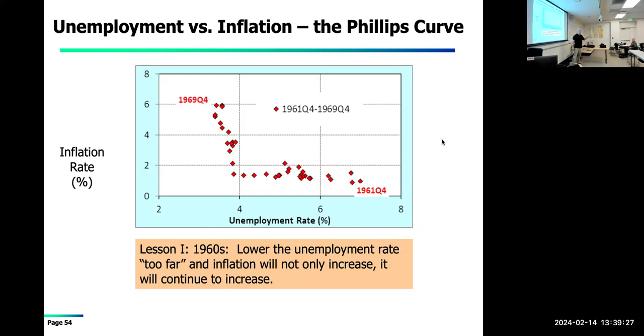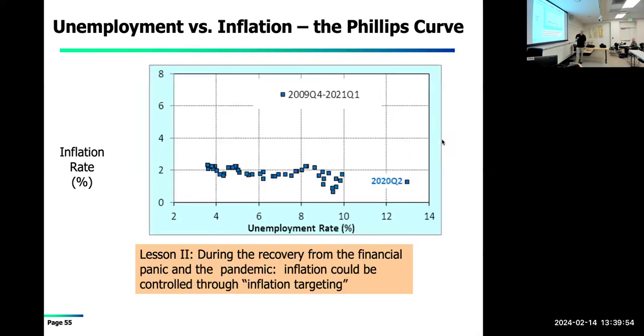The unemployment rate was quite low, and Johnson did not want the politics of raising taxes to pay for the war, despite all of his advisors saying you've got to. And inflation broke out, and it continued. We're not going to go into the whole history of inflation, but it led to what happened in the 1970s, with consequences all the way through the 1970s in terms of interest rates.